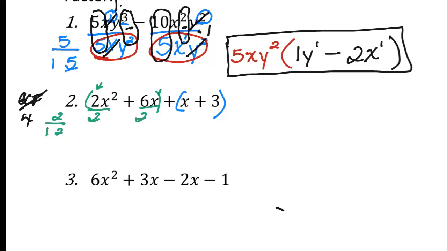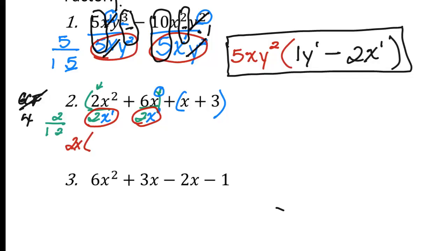This has 1, that is the smaller amount, but it's the most that I can take from both terms evenly and equally. So this is your greatest common factor, and you will factor that out in front.